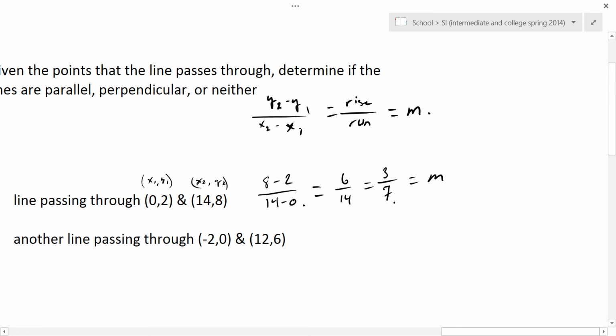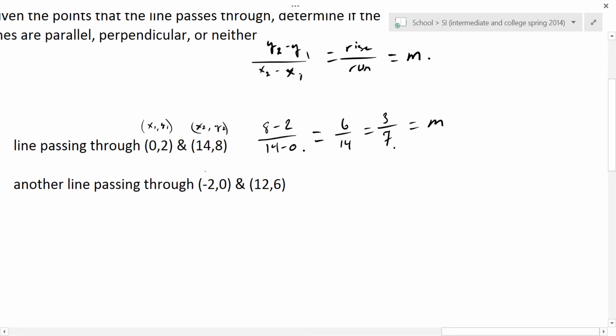Now let's do it for the other one. So let's go ahead and label our points, x1, y1. You don't have to do this, but it's a good way to visualize what's actually going on. So, x2, I'm silly, y2. And now let's do the formula again. So I've got 12, no, that's x2. Let's do y2 minus y1, of course.